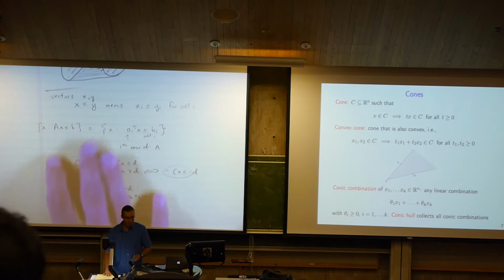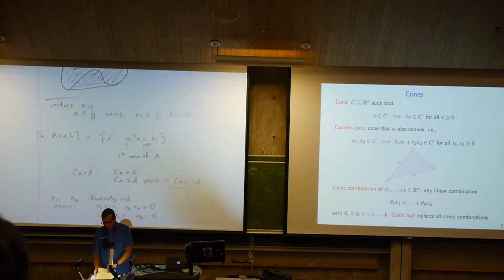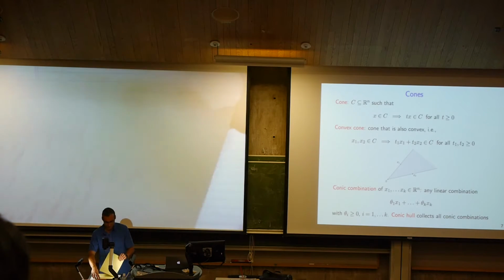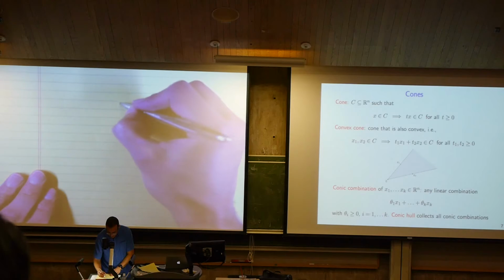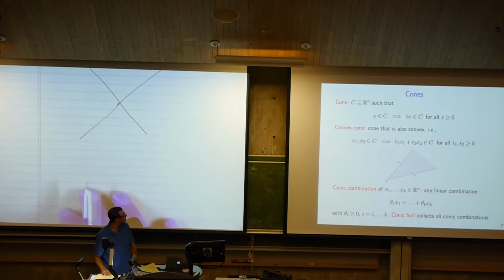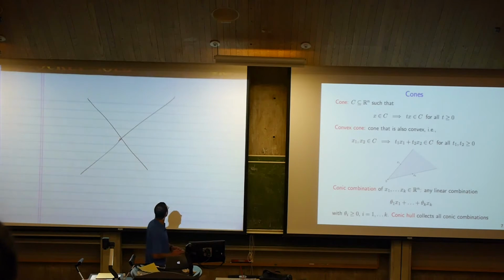Is every cone convex? Why did we define a convex cone? Can somebody give me an example of a cone that's not convex? Yeah, that's a fine example. It's a cone. These lines are supposed to extend out towards infinity.